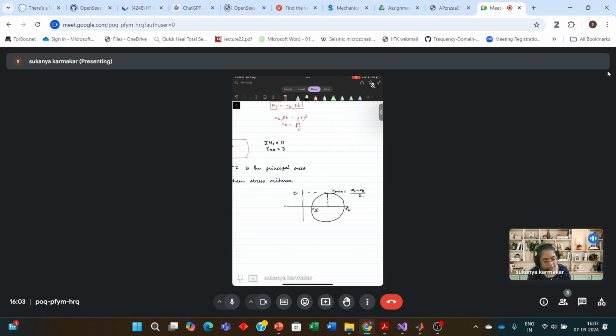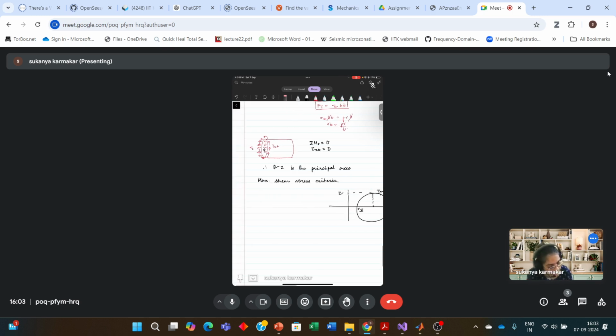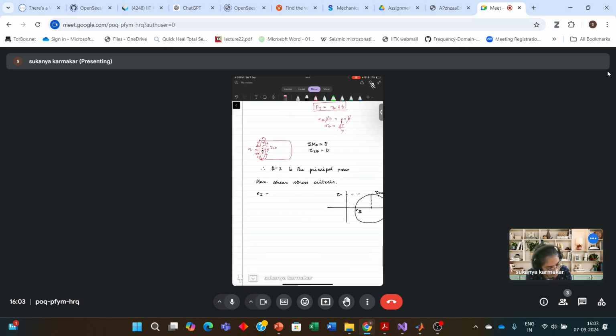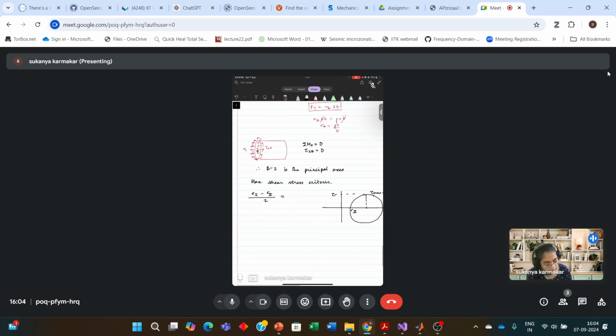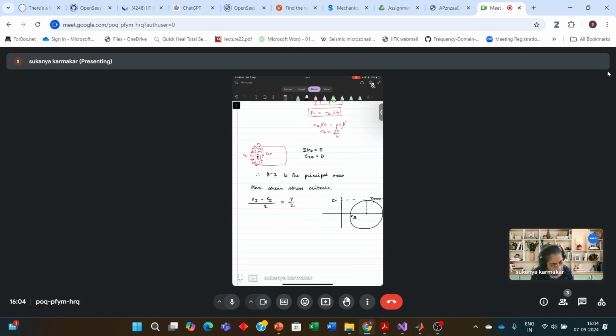Now let's use this concept here. That is sigma 1 minus sigma 2 by 2 is equal to, like you are using the Tresca criteria, which is equal to Y by 2, Y being the yield stress of the material. So let me write it as sigma max minus sigma min is equal to Y.